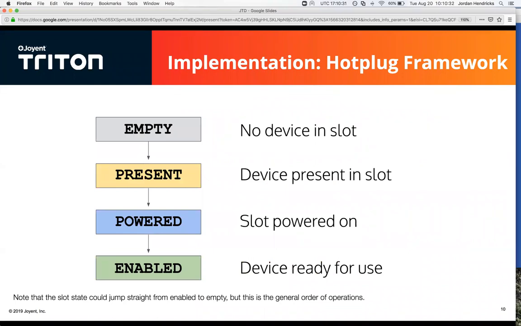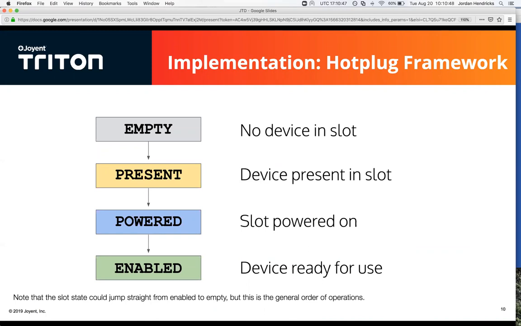And so this is a state machine representing the state of connections on the system. A connection refers to any physical place that you would do Hotplug, so a PCIe slot, for instance, like the thing I carry right here.